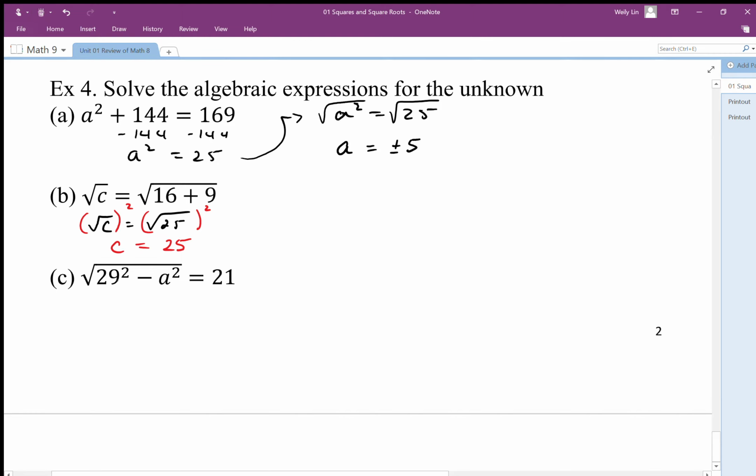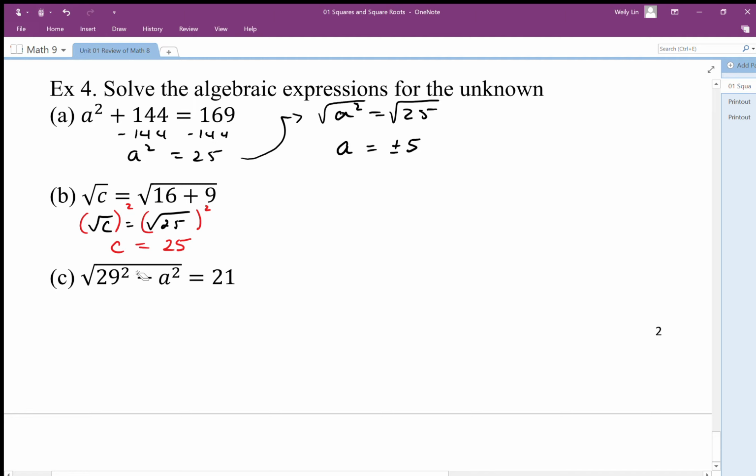For c, here I need to solve for a squared. Now, when I said that squares and square roots are different than times and divide, it's because times and divide can interact with plus and minus by distribution. Squares and square roots cannot interact with plus and minus.